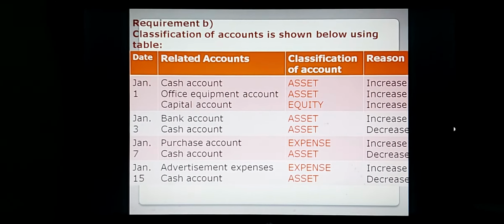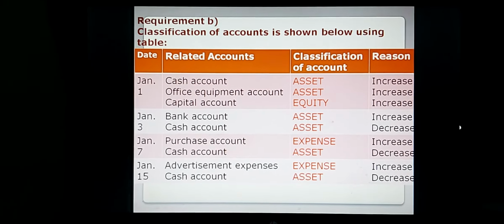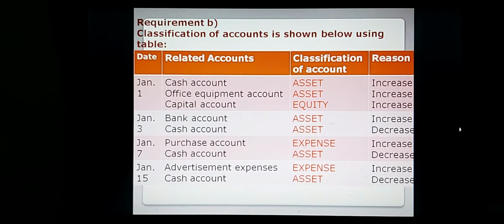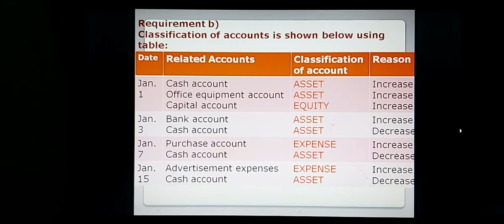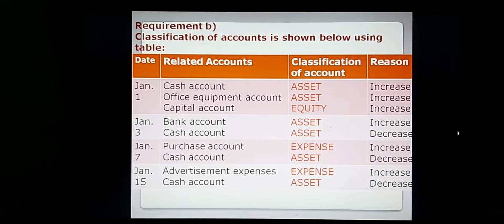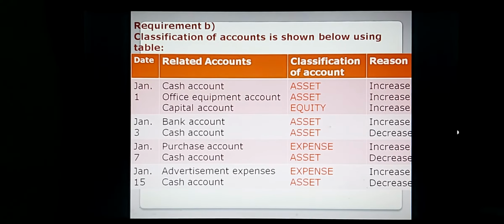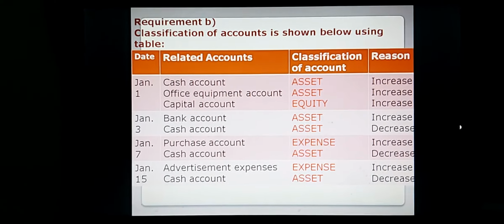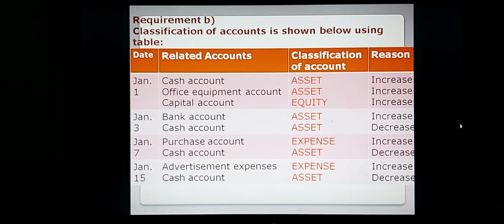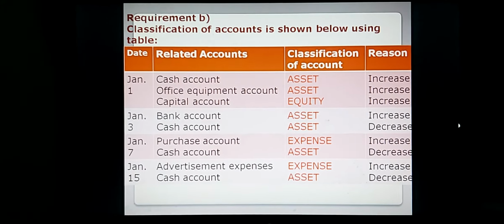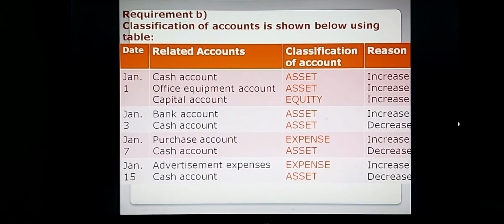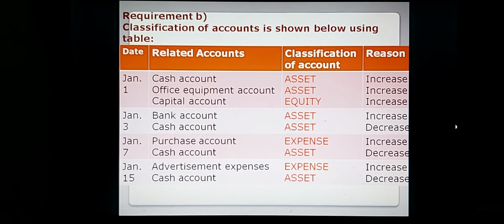When you will classify the account from the transaction, then you have to follow the following table, follow the following format. That is, the 4 columns are available in this format. First one, date.